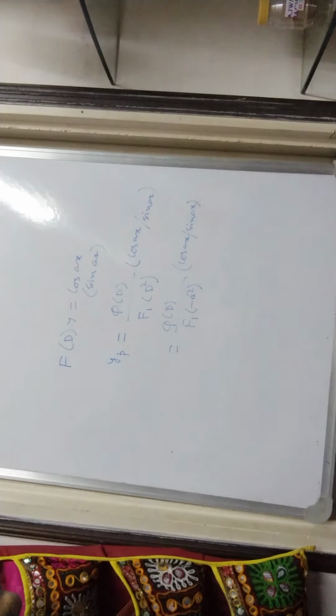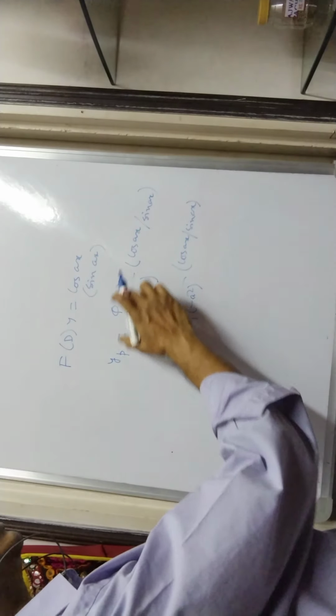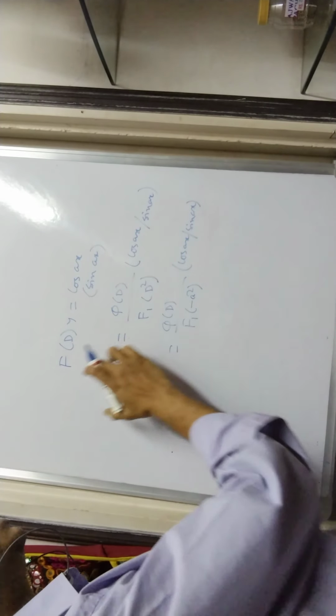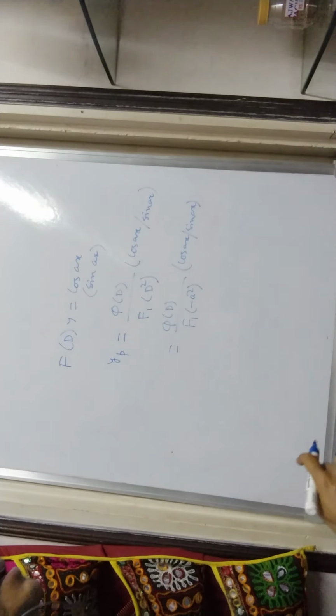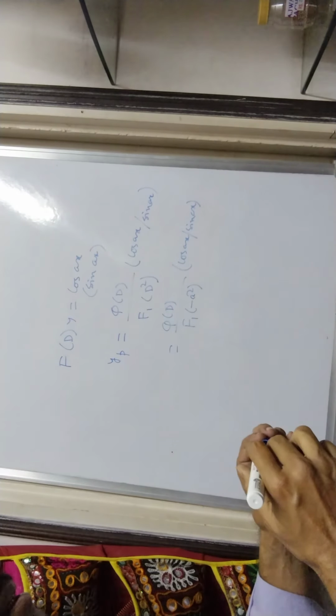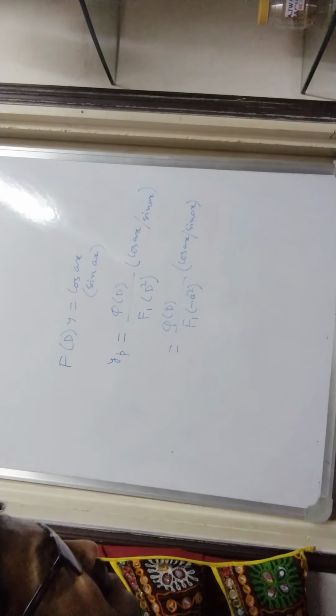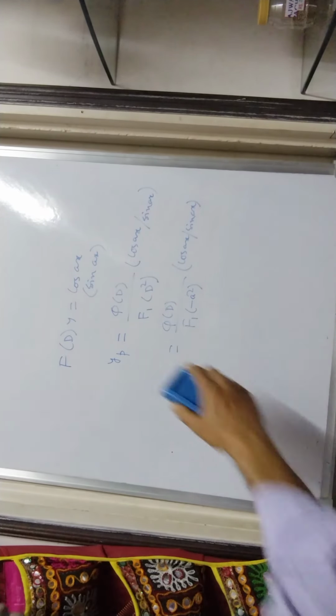Okay, now how does it happen? We have multiplied with a new function phi(d), and this f(d) becomes f1(d square), and then we replace d square by minus of a square. Let us explain it with a specific example. Why does this become so?